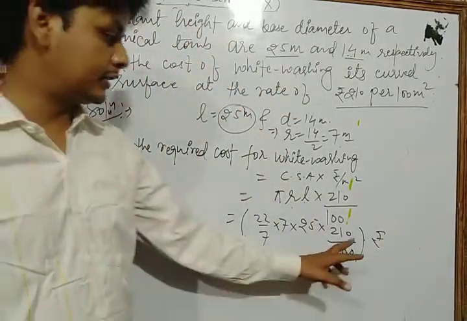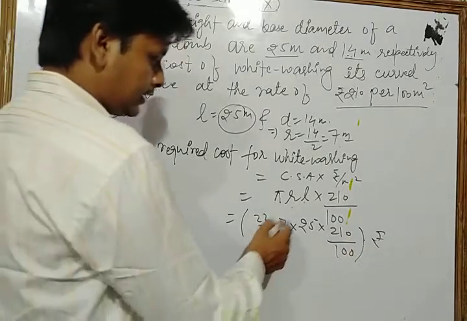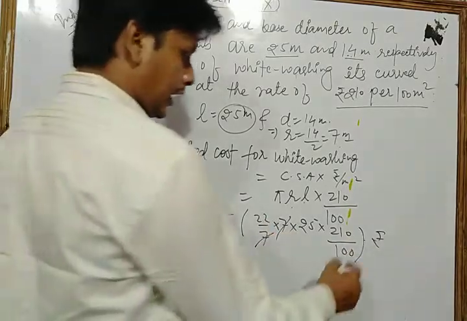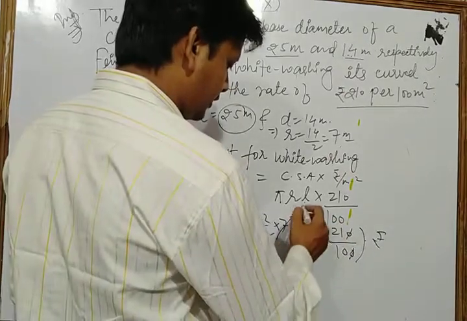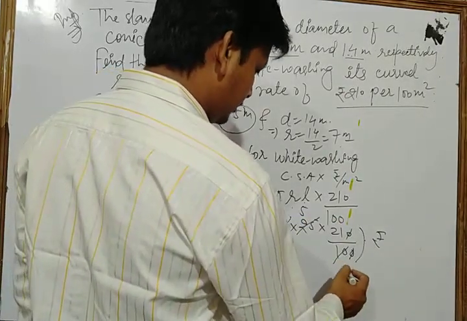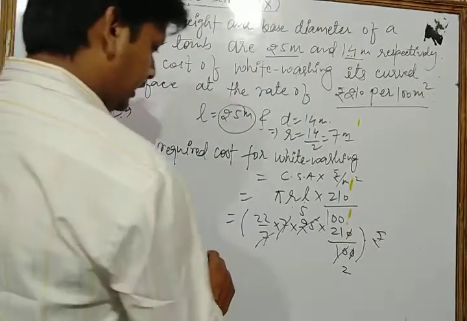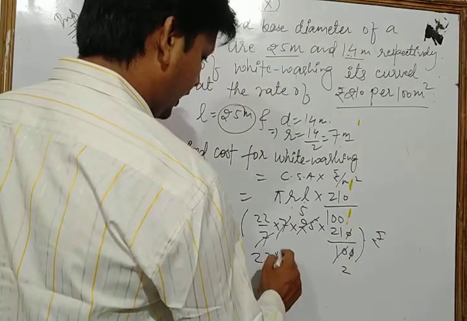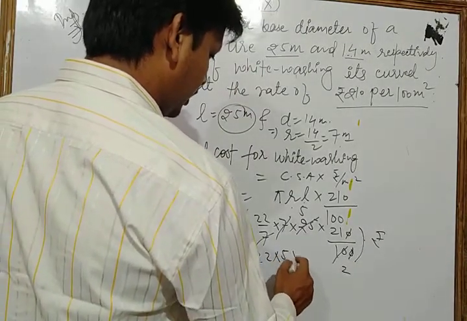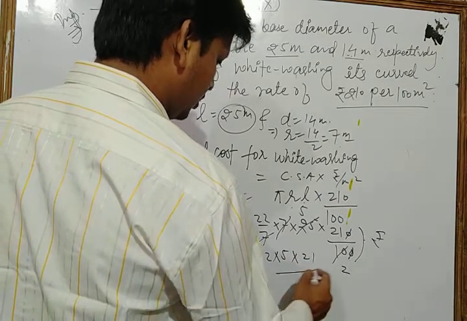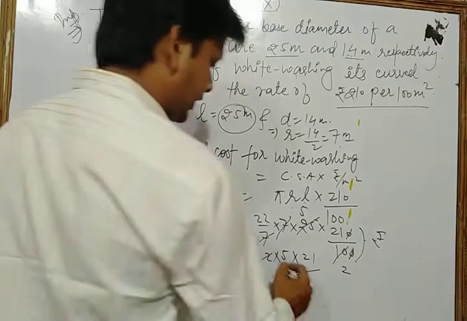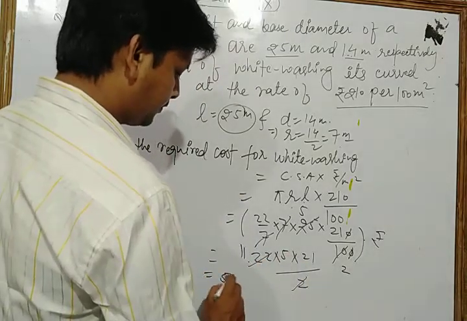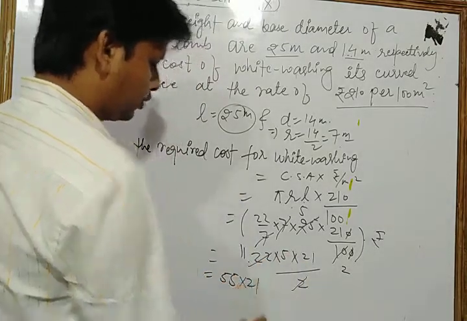Okay, now let's see. Here 7 cancel to each other. Here 0 cancel out to each other. 5 5s are 25, 5 2s are 10. Okay, and let's see, 22 into 5 into 21 upon 2, and 2 11s are 22. So we get 11 5s are 55 into 21.